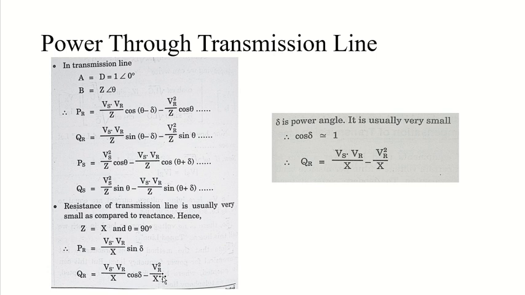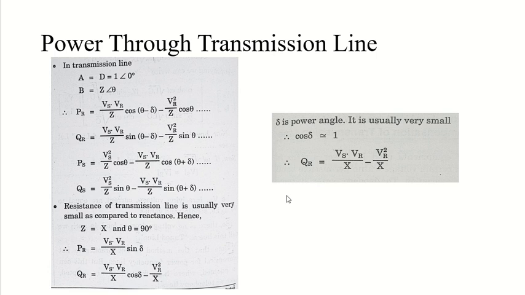Now one more small thing to add here, that we know delta is the load angle or power angle, whatever you want to call it. It is usually very small, right? The load angle is never too large. It is always favorable to keep the load angle small. So the cosine of delta will be close to 1, right?